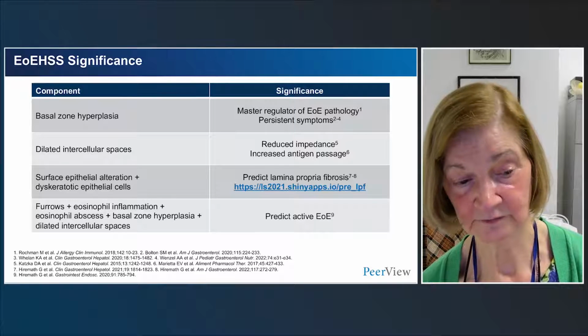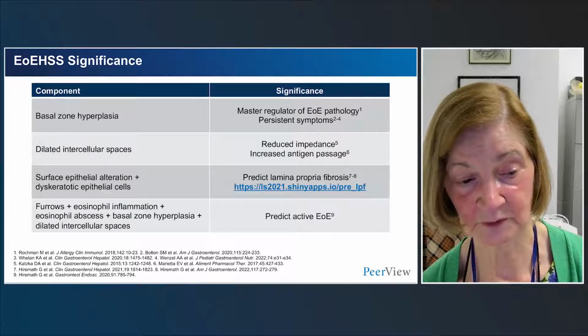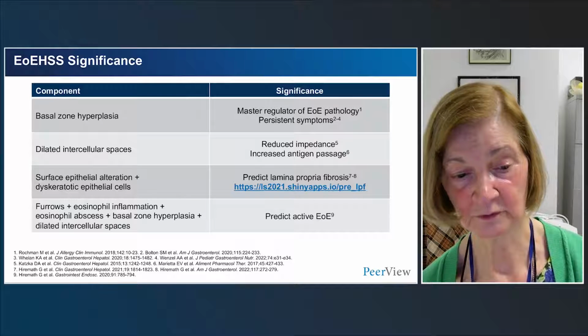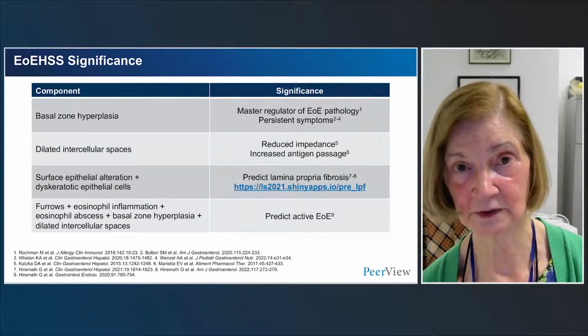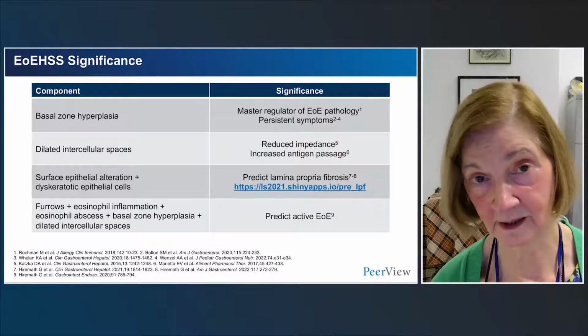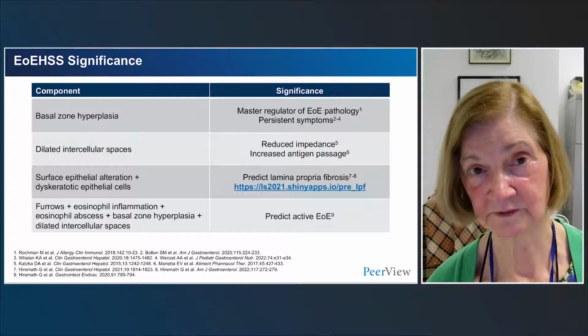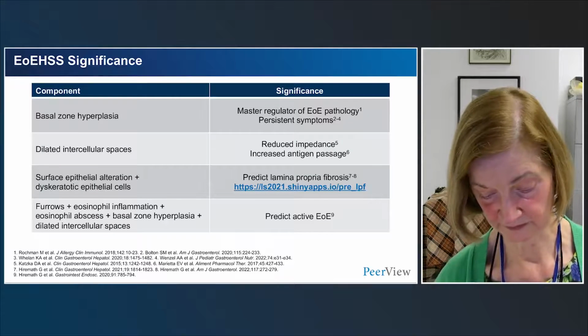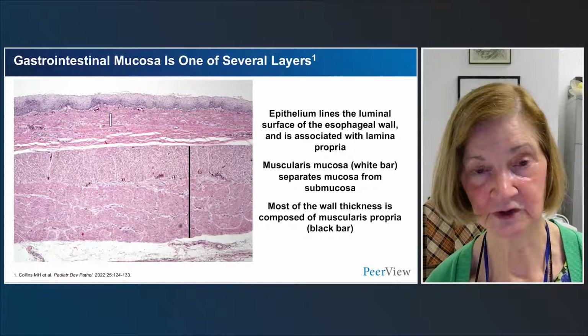And finally, one of the EREFS abnormalities that Dr. Gonzalez just illustrated, along with several of the EoE-HSS abnormalities, have a very high specificity and sensitivity for predicting active eosinophilic esophagitis.